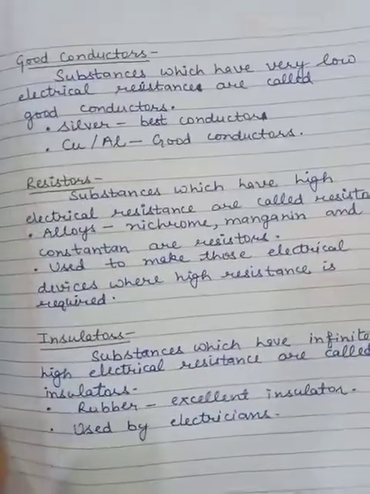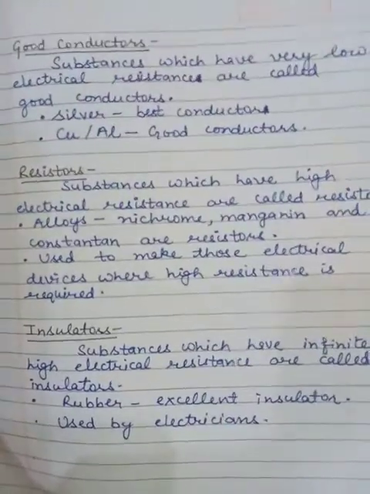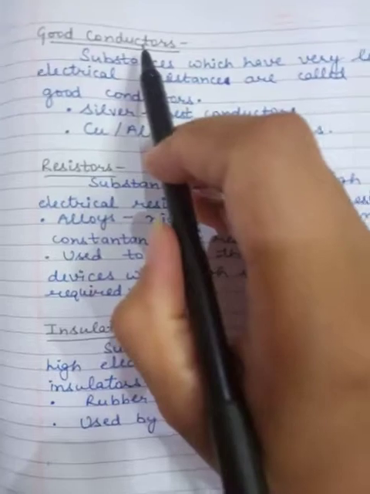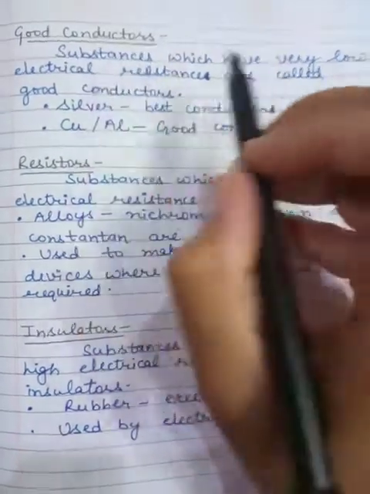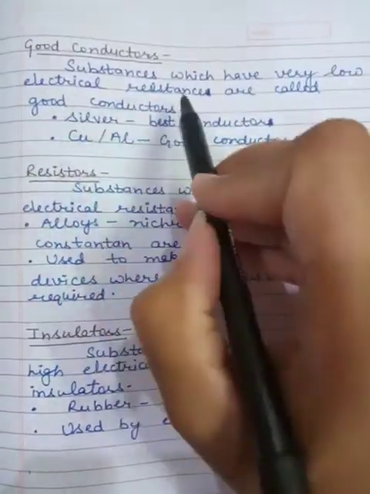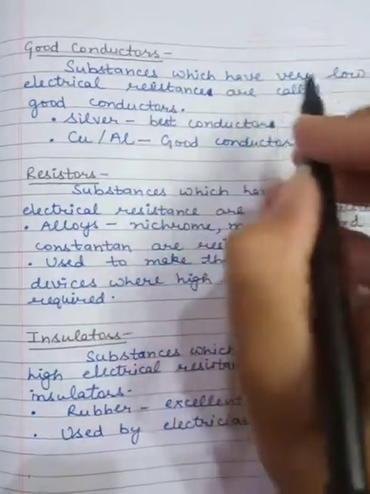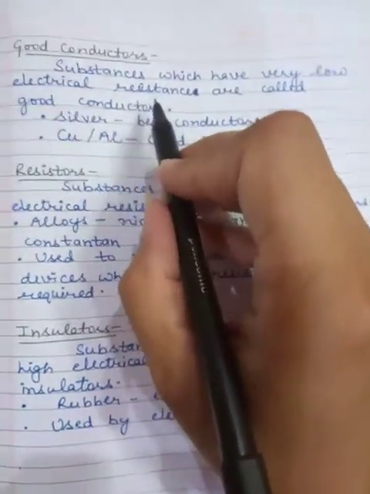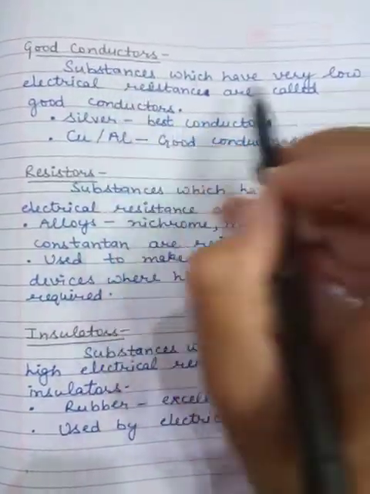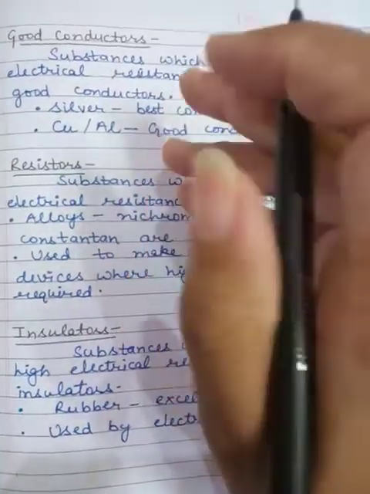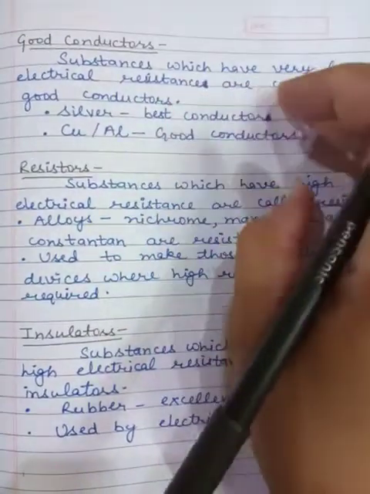Next topic is good conductors, resistors and insulators. What do you mean by good conductors? Good conductors are the substances which have very low electrical resistance. Means the resistance of good conductors is very low, so that the current will pass through them very easily.